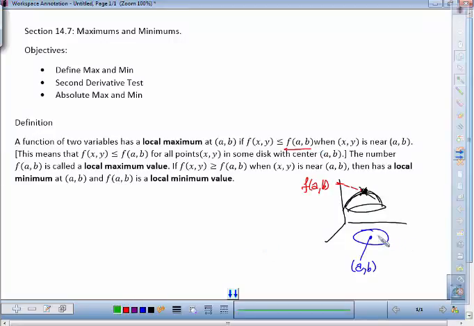And they say that if you pick any other point near (a, b), if you pick any other point (x, y) within this domain, then when you put that into the function, you're always going to be less.